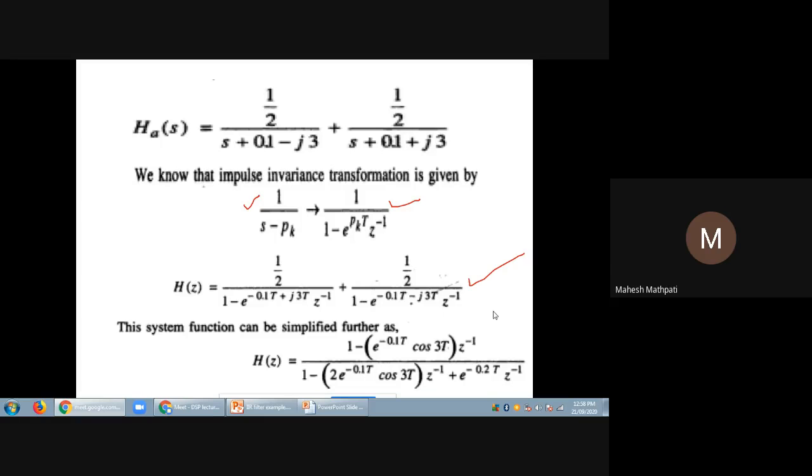Finally, if we simplify this, we get H(z) equals (1 minus e power minus 0.1T cos 3T z inverse) divided by (1 minus 2 e power minus 0.1T cos 3T z inverse plus e power minus 0.2T z to the power minus 2). So this is how we are converting the analog transfer function into the digital transfer function.